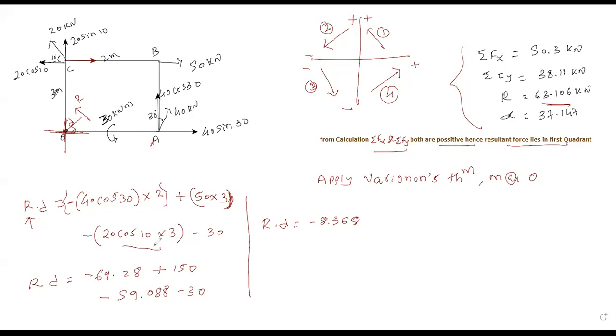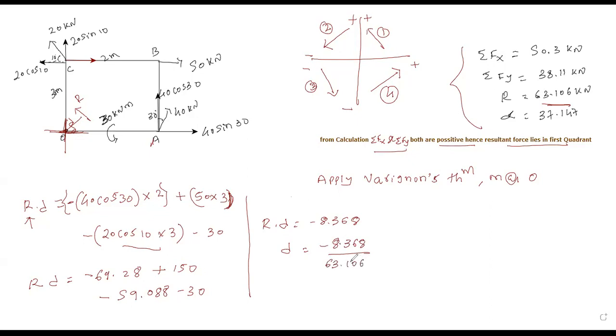Okay, fine, no problem. So I feel everything is fine here. Whatever is calculated here, everything is fine. Okay, so fine, I have written the same, 59.088, don't worry. So we have already calculated R. Put the value of R in this equation. You are able to calculate D. Put the value of R equals 63.106, minus 8.368 divided by 63.106.